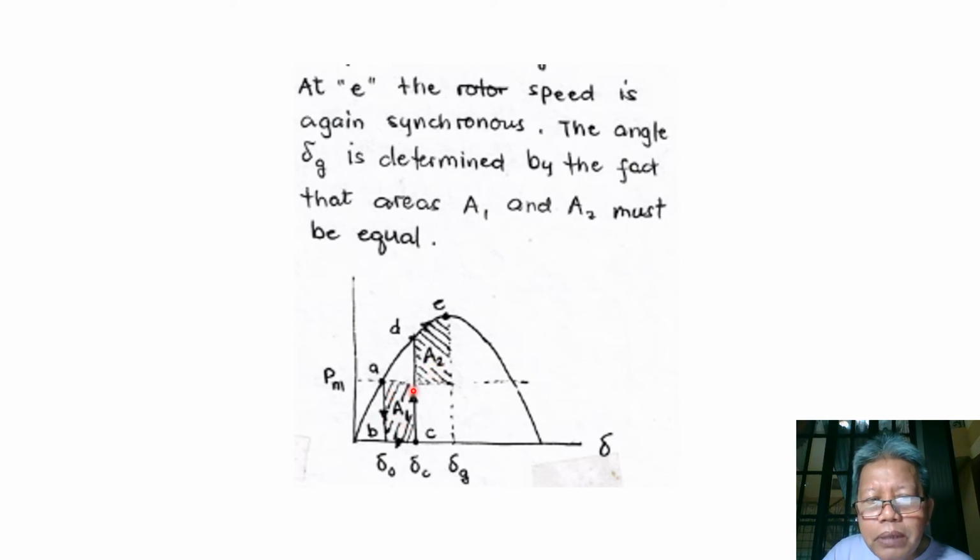So whatever this area is, the corresponding side here for A2 should be such that it will stop at point E, so that A2 will be equal to A1, and this corresponds to our angle delta G.